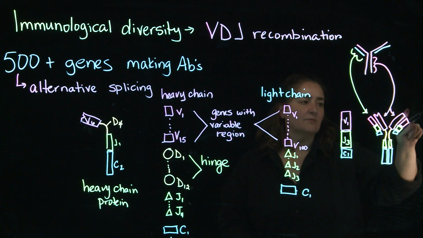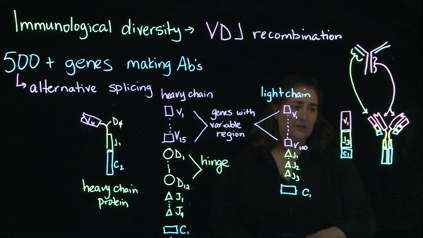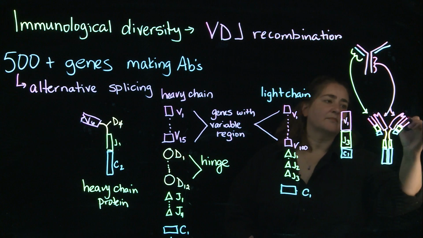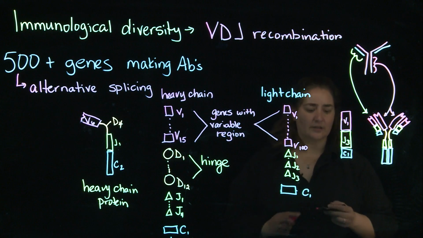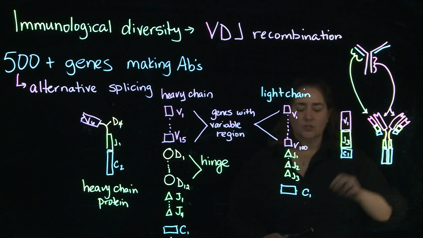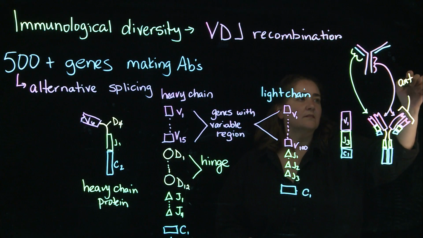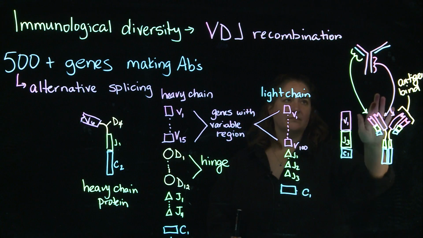So if we take this out and make this a triangle, all right, then with our light chain, maybe this has got a slightly different shape, all right. What that's going to do, this is going to be where our antigen is going to bind.